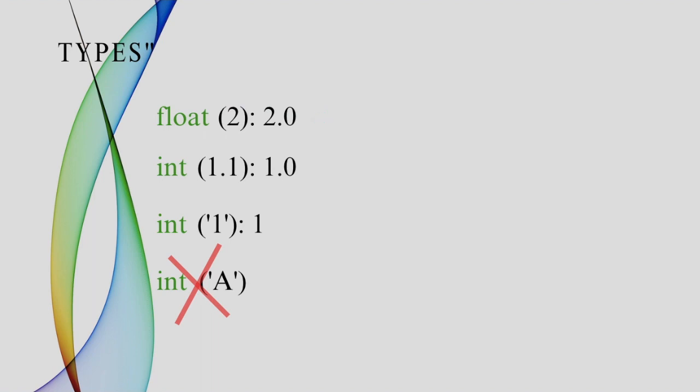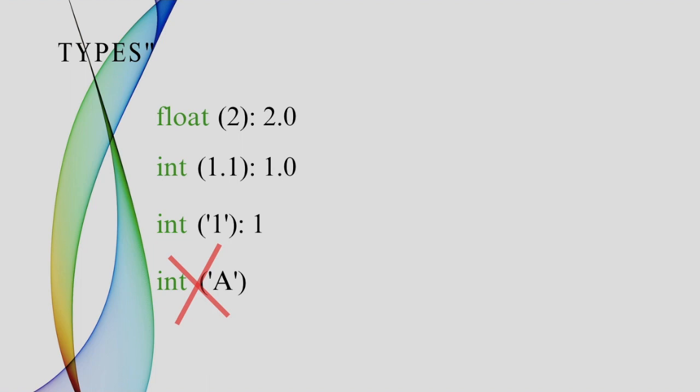If you cast a float to an integer, you must be careful. For example, if you cast the float 1.1 to 1, you will lose some information.